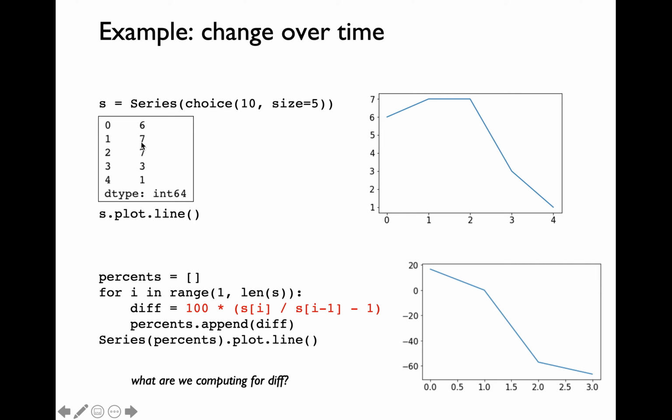For every occurrence of the number from index position 1, I'm iterating my for loop, computing the difference between the current number and the previous number as a percentage, and I'm appending the difference into a list called persons. I'm also converting the persons list into a series, and I'm plotting the line plot which represents the difference as increase or decrease in my plot over here.